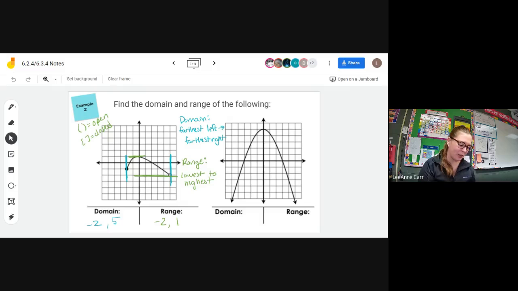So for this, I'm going to put one bracket and one parenthesis. My left one was closed, my right one was open. Then for this one, my lowest point was open, so I'm going to put a parenthesis. And my top spot is a solid line, so I'm going to put a bracket.